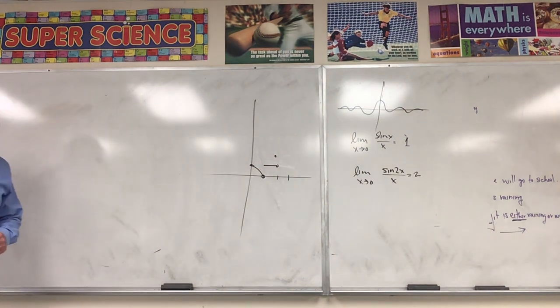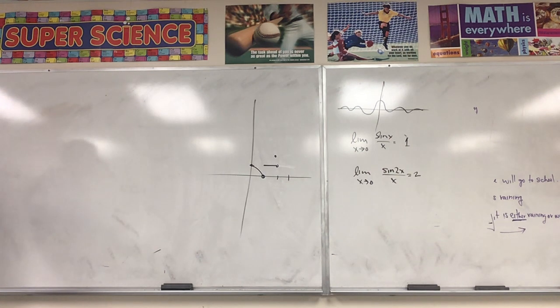Alright, so the first thing it says: at what point c in the domain does the limit, as x approaches c, of f of x exist? So where does the limit exist? Or let's do it this way: where do I not have a limit? At 1?